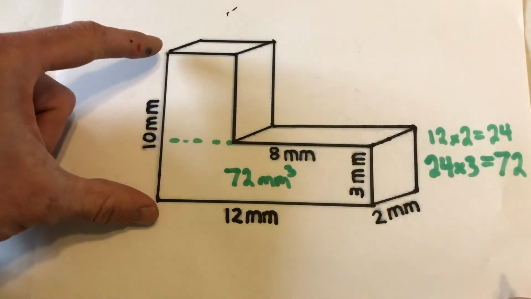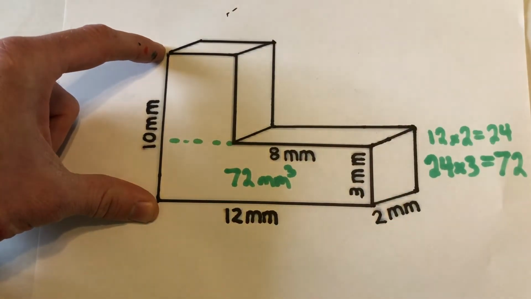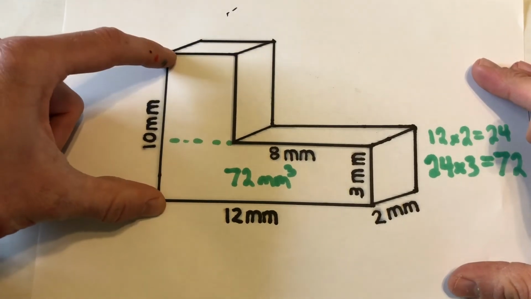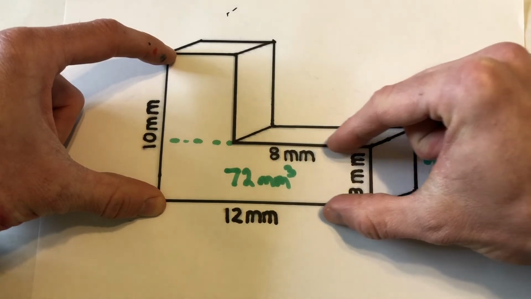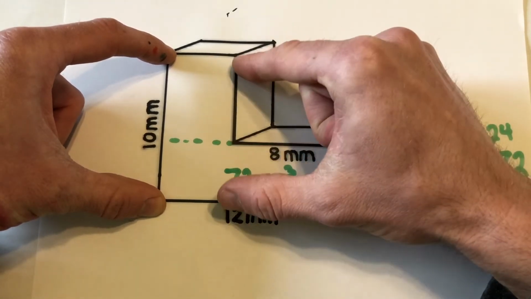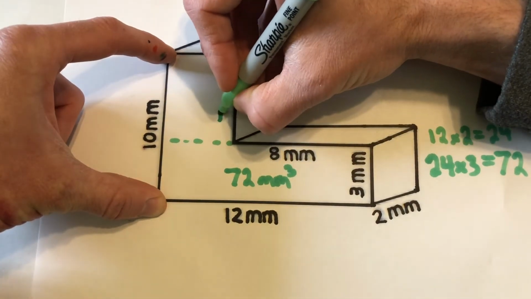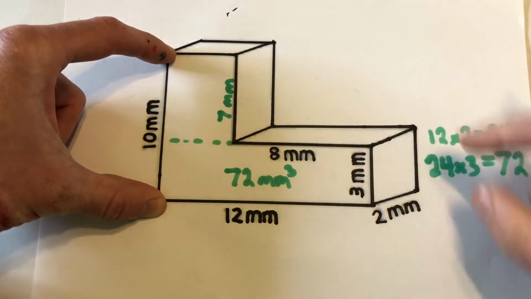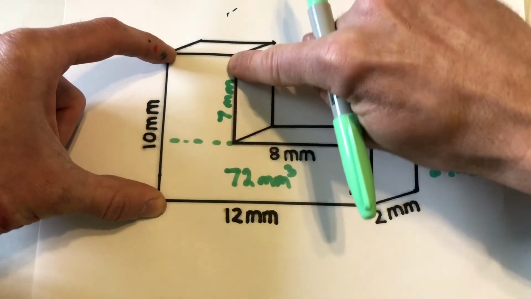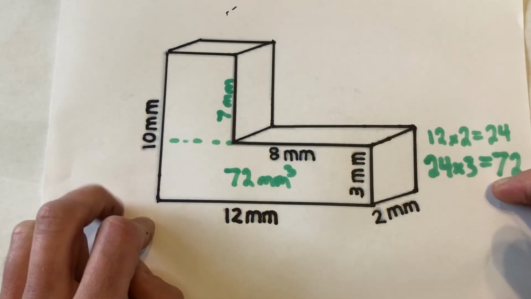So let's look at this line. If I want to find the height of this shape, if I know that this side is 10 millimeters, and I know that this part is 3 millimeters, then this part here must be 7 millimeters. So now we have one side, but we need 2 more measurements here to find the volume.